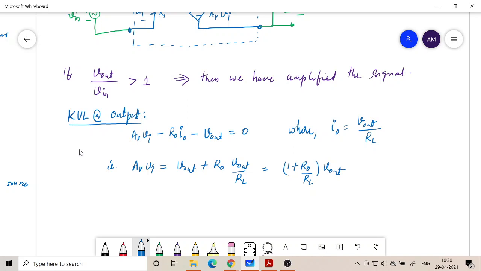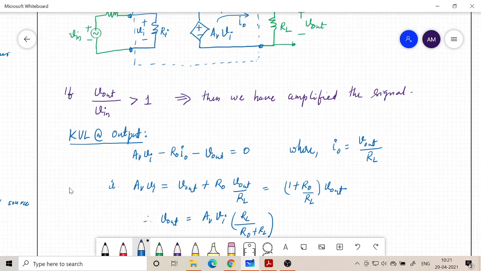Therefore V out is AV into VI, and taking the LCM, RL divided by R out plus RL. So that is my expression for output voltage.